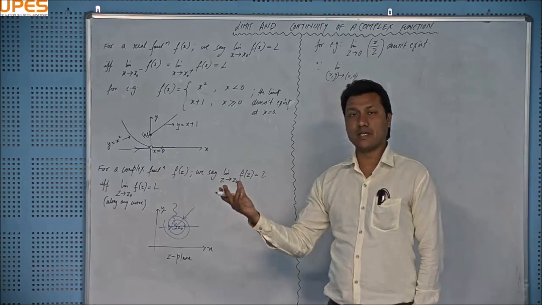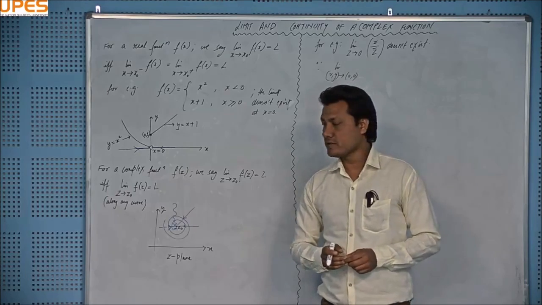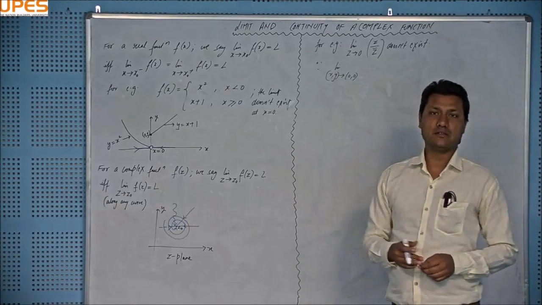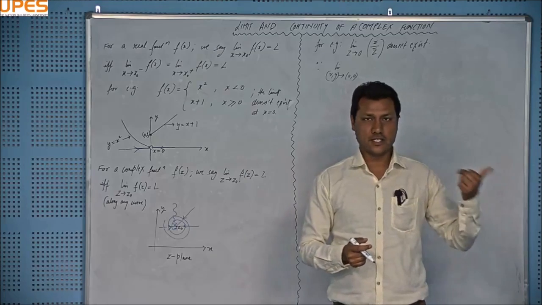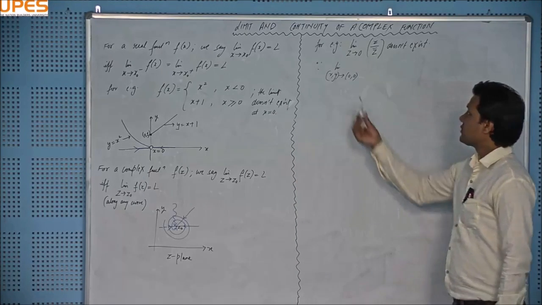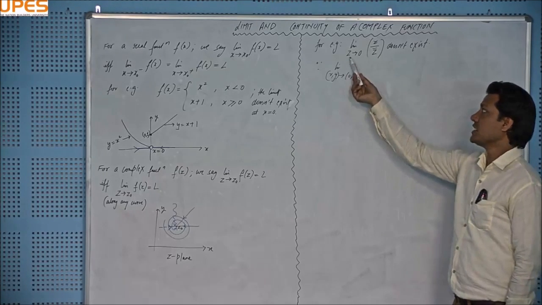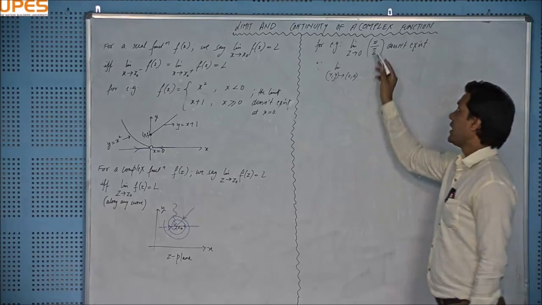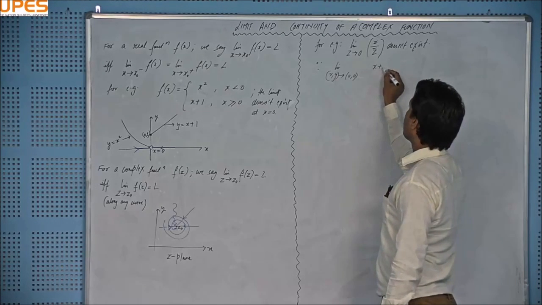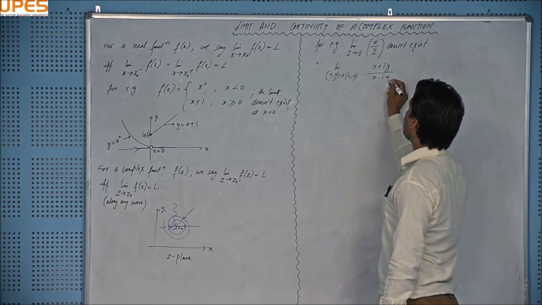R2 means the xy plane and another xy plane, two copies of R2 planes, or you can say one is the z plane with x and y axis, and another is the w plane with u and v axis. So x, y tending to 0, 0, x is approaching 0, y is also approaching 0, z tends to 0 means this. And here we have z as x plus iota y, and the conjugate of z will be x minus iota y.